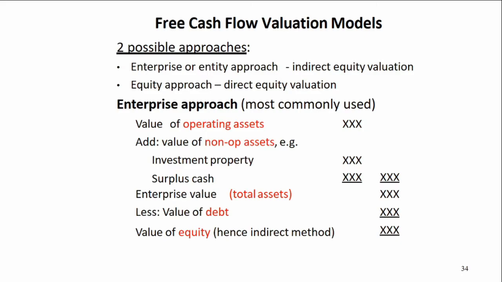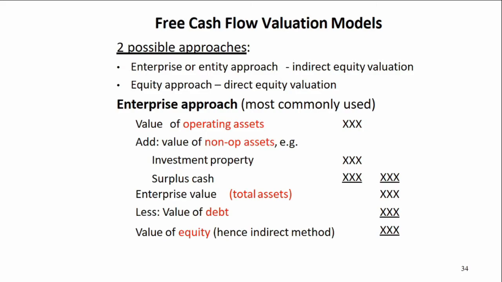This is something like investment property or a fixed deposit at a bank that is earning interest income that does not form part of the operations of the company. The reason these need to be valued separately is that often the operations of the company have a different risk profile to the investing activities of a company. So these actually need to be valued separately.